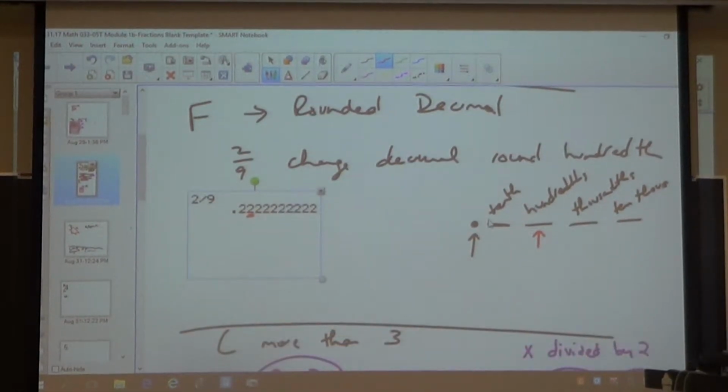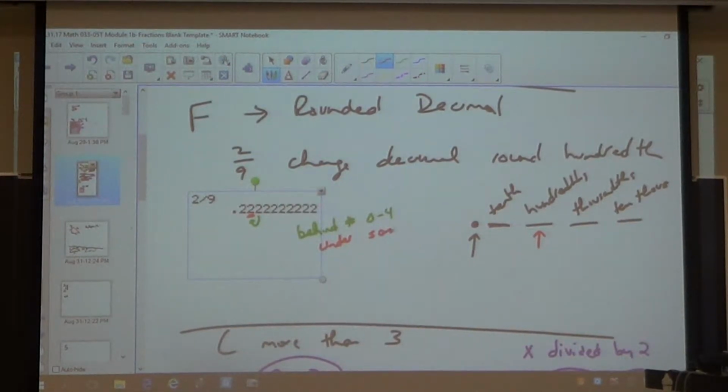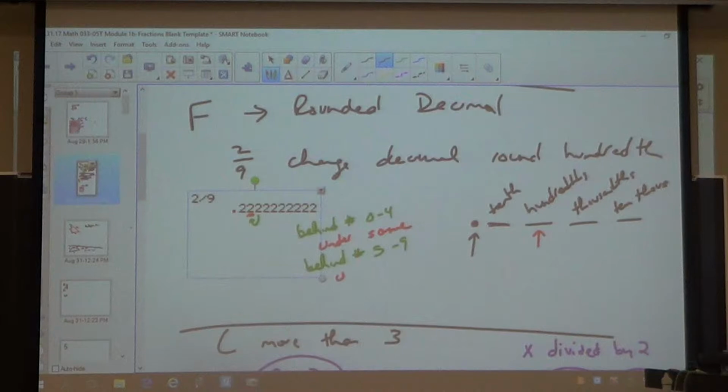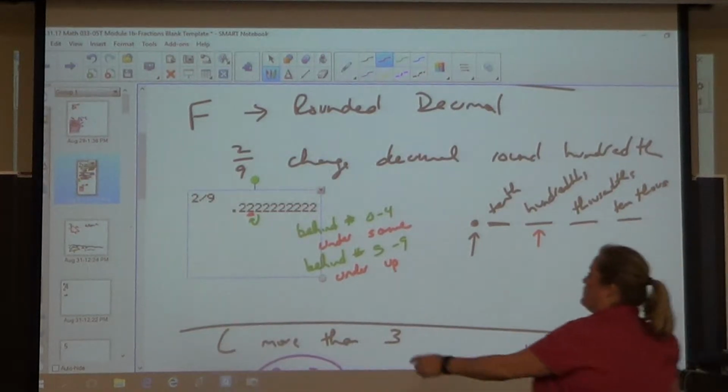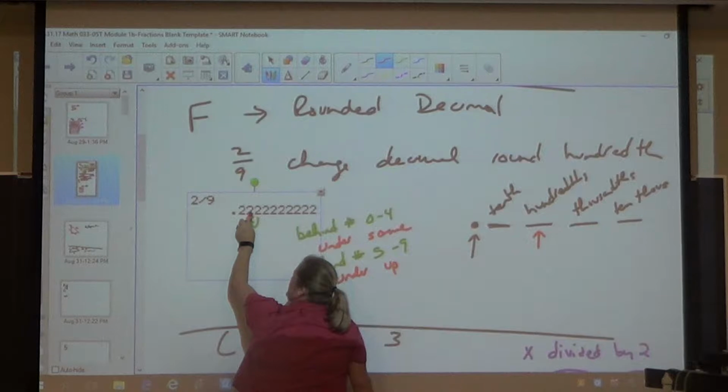And when you round, the number behind, if it is 0 to 4, your underline is going to stay the same. If your behind number is 5 to 9, your underline is going to go up. So whatever's behind is going to tell that underline what to do. So if this number is 0 to 4, he's going to stay the same.